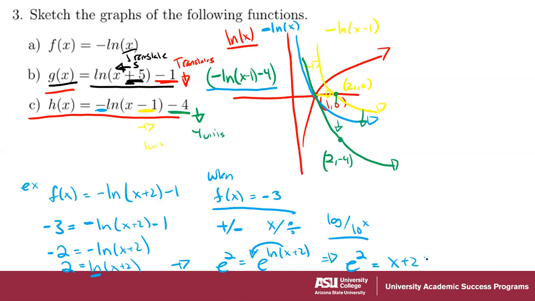So now we can solve for x more easily, because we don't have a natural log in the way, and say that x equals e to the 2 minus 2. So that's an example of how we can use natural logarithms, and logarithms in general, to solve a problem involving them.